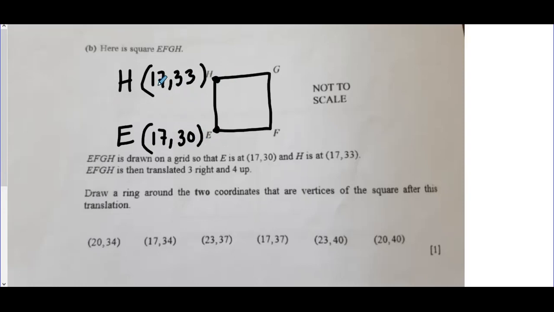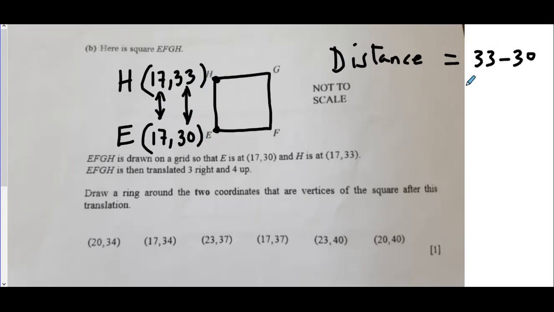You can see that the values of x are the same, but the values of y are different. So the distance will depend on the values of y, which will be 33 minus 30, and this will be equal to 3.